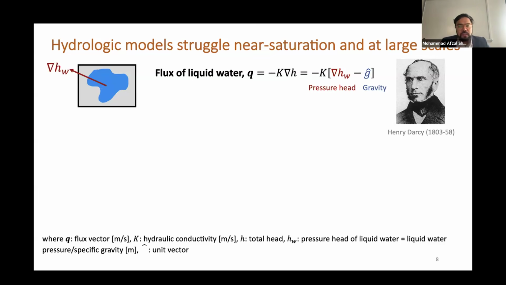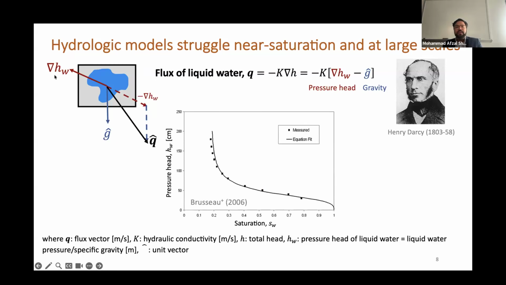It's a three-dimensional quantity, but gravity is always going to be vertically downwards. And the flow will probably move as a vector resultant of these two components.